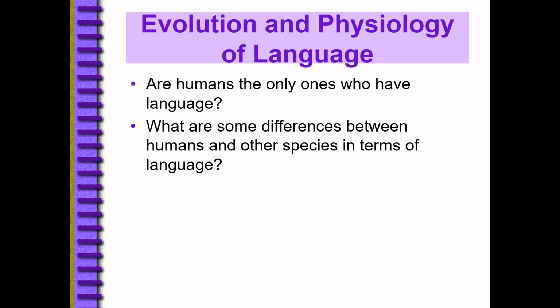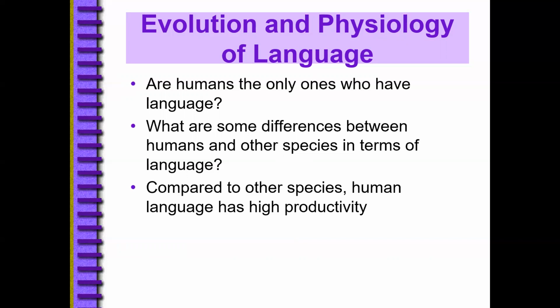So let's talk about some differences between humans and other species in terms of language. If we are considering other species to have language, we do definitely see some differences between humans and other species. One of the big differences we see is that human language has high productivity. A lot of species don't have any productivity. They can't come up with new words. They just basically repeat or use what has been said.